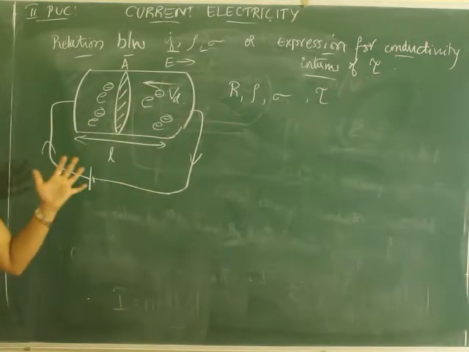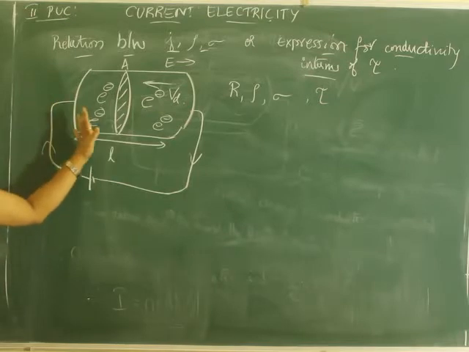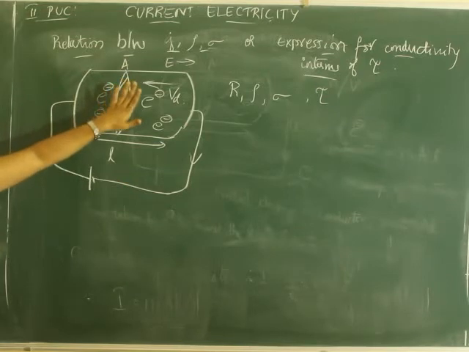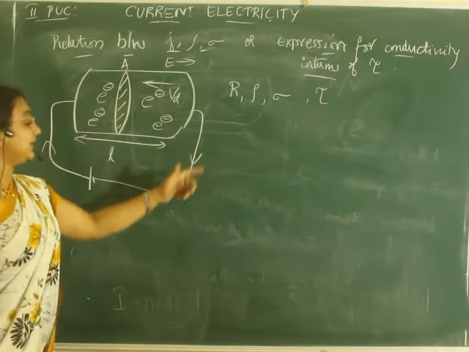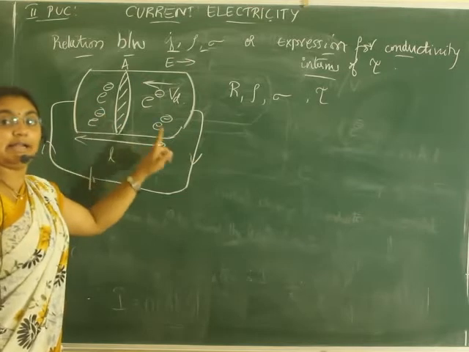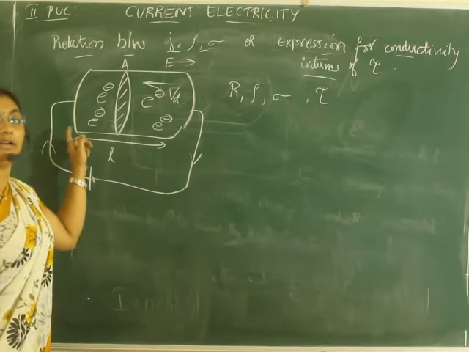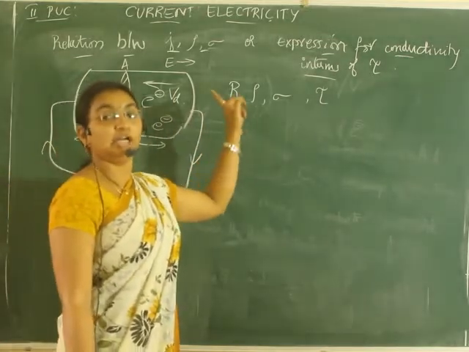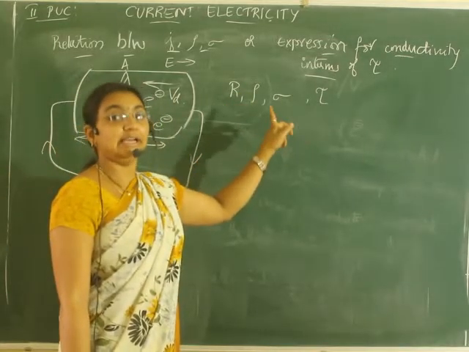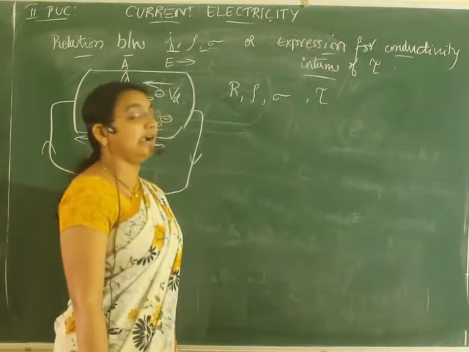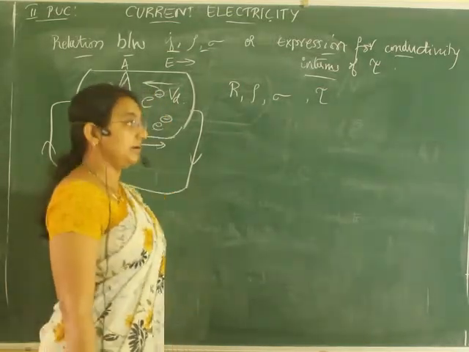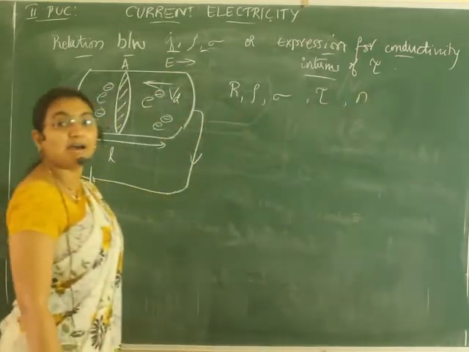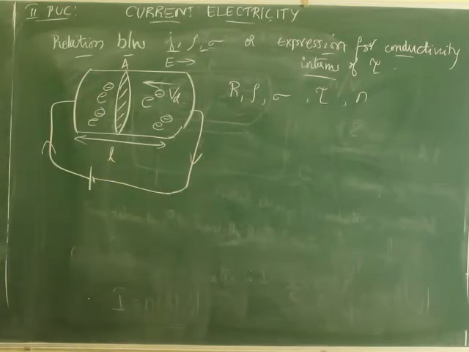So what have we done? Let us consider a conductor of length L, area of cross section A. When an external electric field is applied, electrons will be drifted with the velocity Vd. R be the resistance of the conductor, rho the resistivity, sigma the conductivity, and tau the relaxation time. Let n be the number of electrons per unit volume.